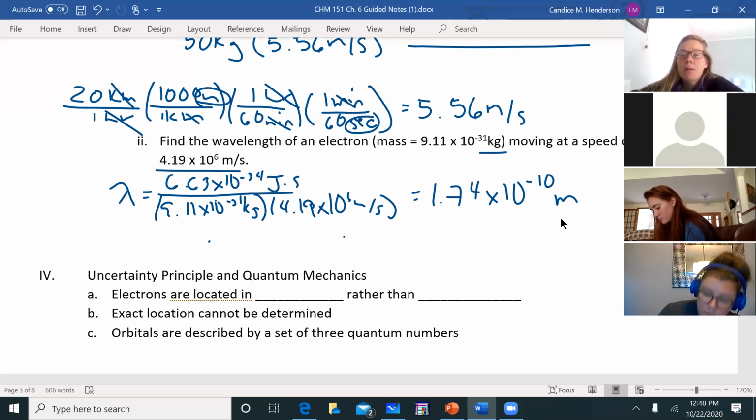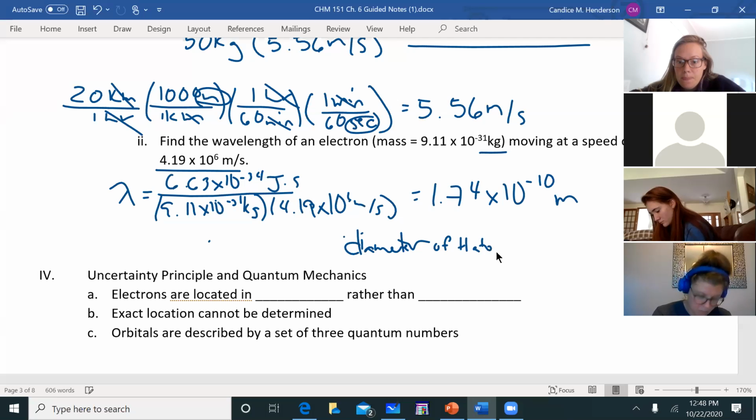Okay, well, that's definitely a bigger number than the previous one. The wavelength is definitely bigger. And an interesting thing is that the diameter of a hydrogen atom is about equal to 1 times 10 to the negative 10th meters.